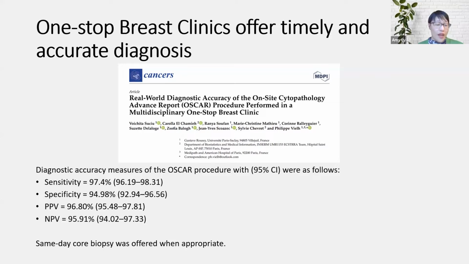So although FNA is known to significantly improve the experience of patients with breast masses, we know that core needle biopsy is frequently preferred over FNA, and part of this is likely related to the need for assessing breast cancer biomarkers.